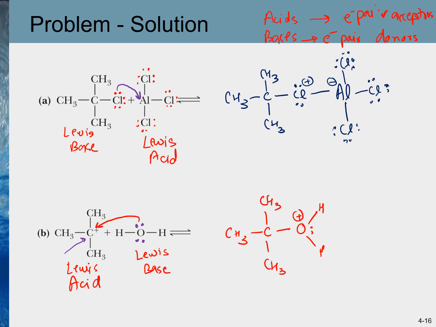Because oxygen lost a pair of electrons, oxygen gets a positive charge, and carbon gained an electron. Therefore, the positive charge on carbon got neutralized.